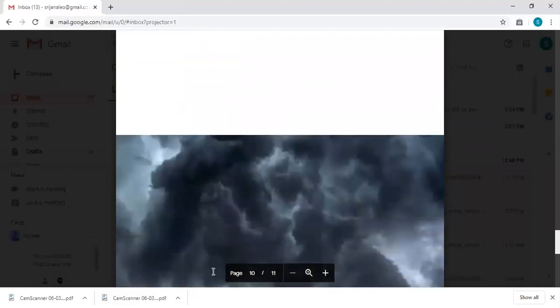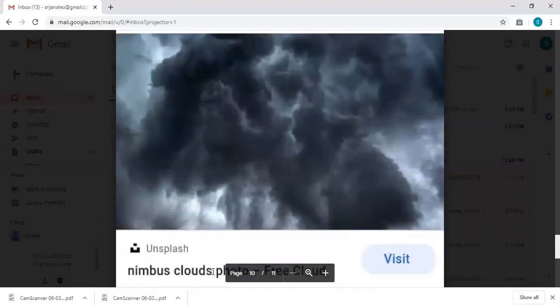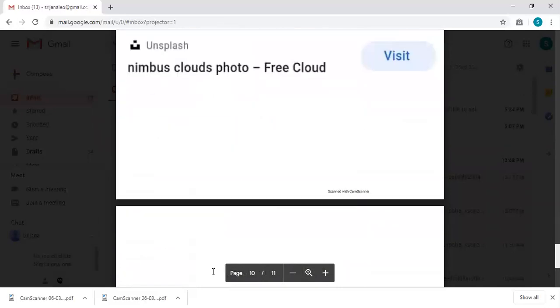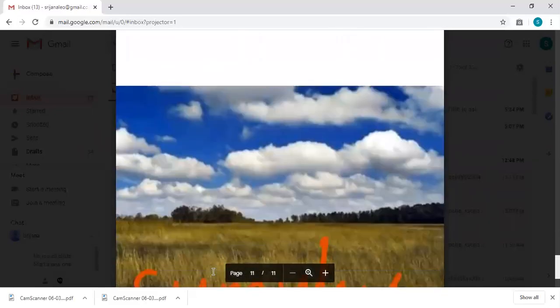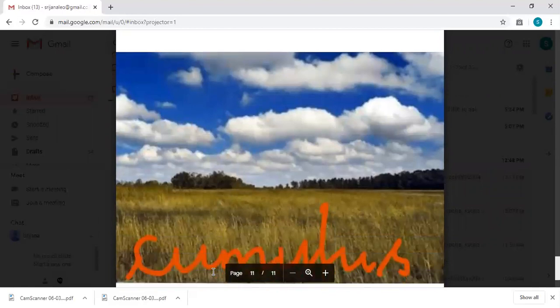Next we have the nimbus clouds. You can see they're rain-bearing clouds. They are also cotton-like, but they're grayish in color. So you can check them again and again. These are cumulus clouds. They are white in color, cotton-like, far away in the morning, but by afternoon they give us rain.